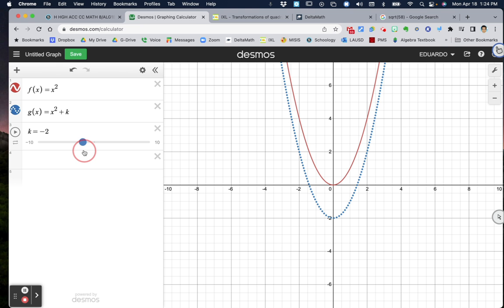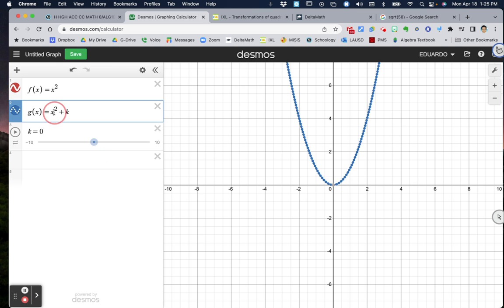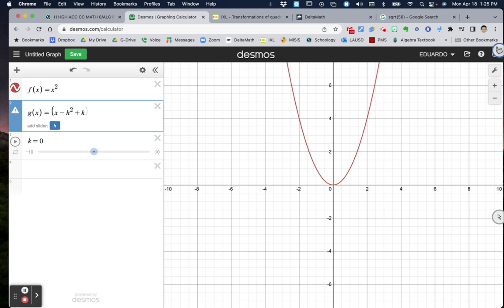Put it back at 0. Let's go back to 0. So put k back to 0. And now we're going to play around with this parent function a little more, or the child function. So now do this.